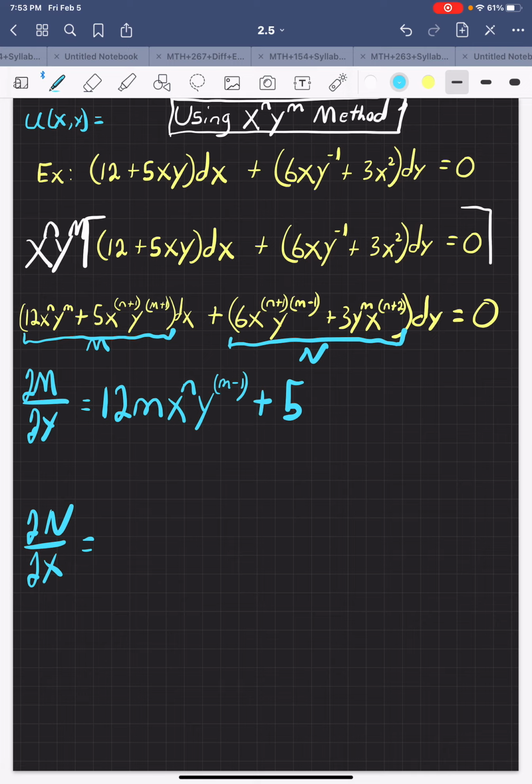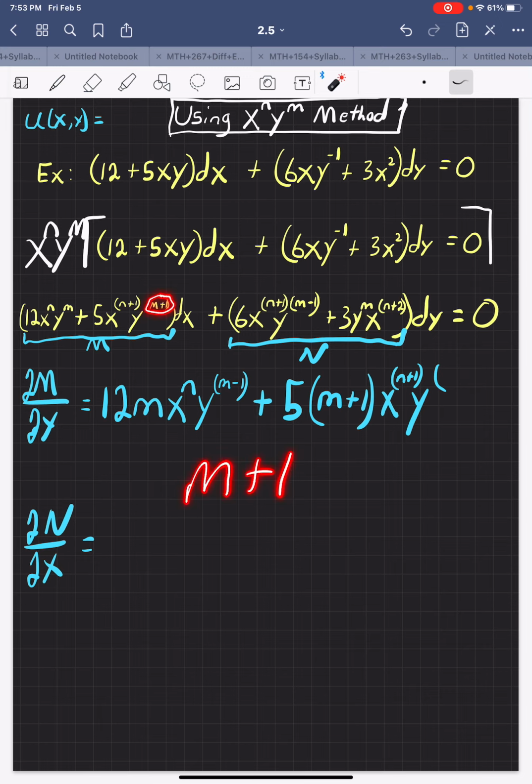We'll go ahead and write that as, remember the m plus 1 is coming out front, and we're still left with x to the power of n plus 1 times y to the power of, well, if you have m plus 1 minus 1, then you just have m, right? So y to the power of m.